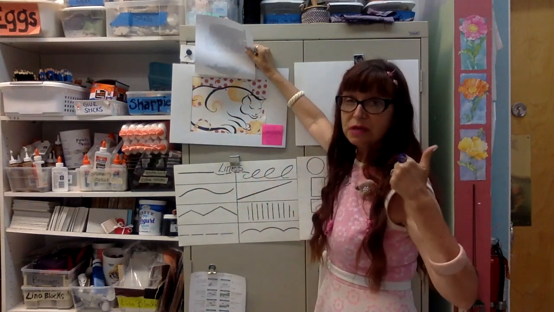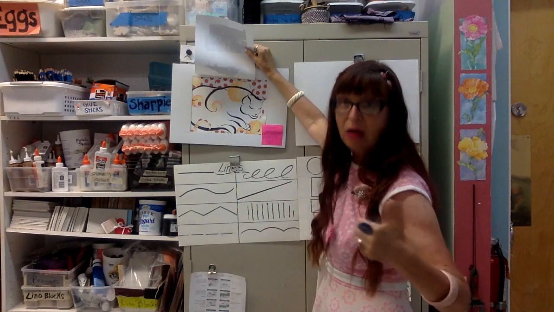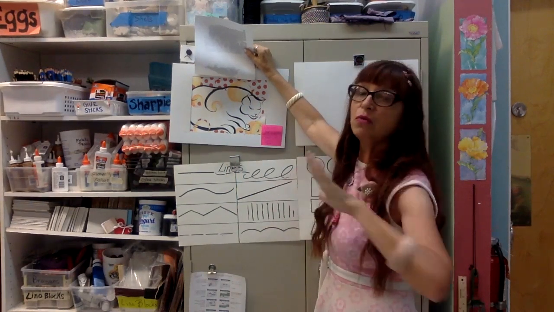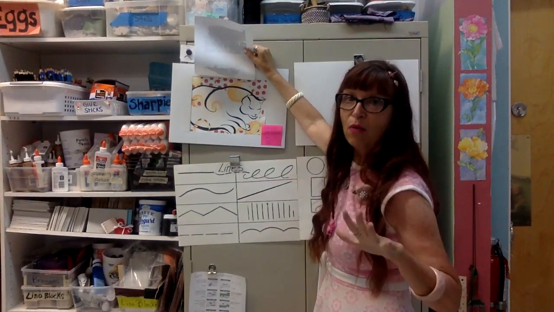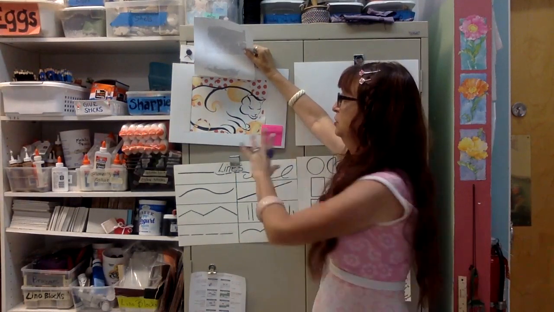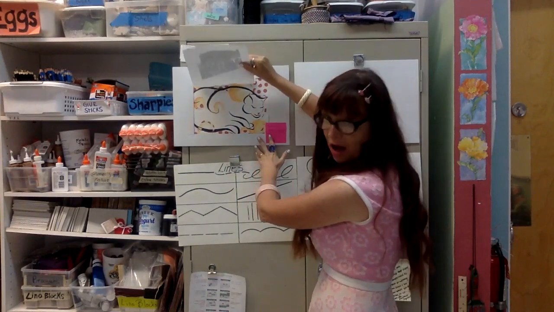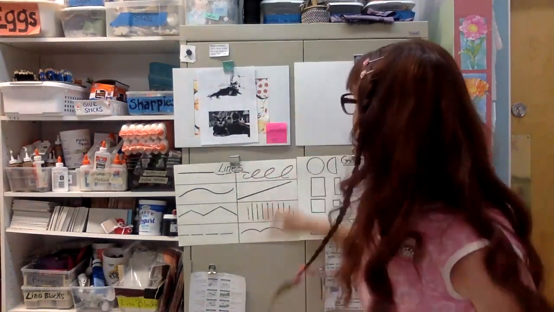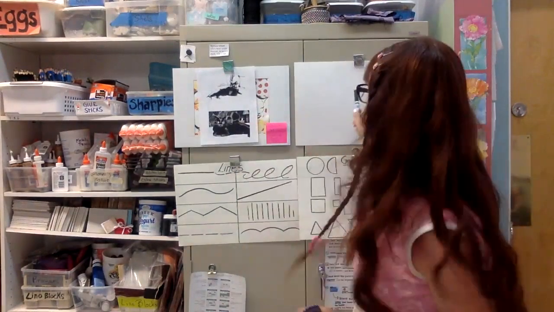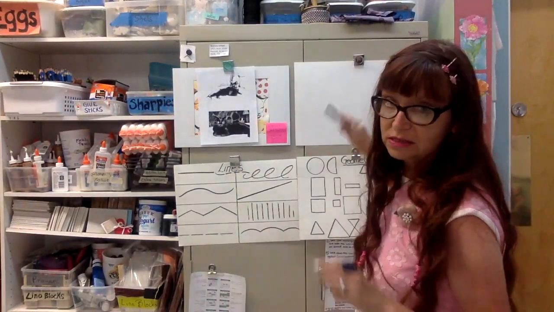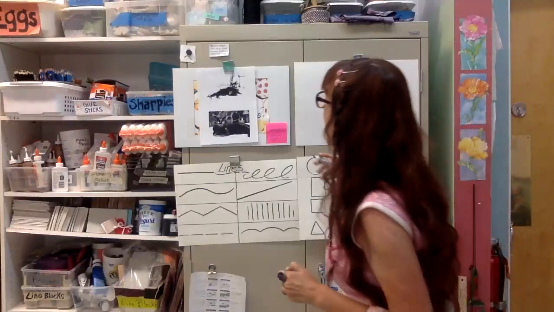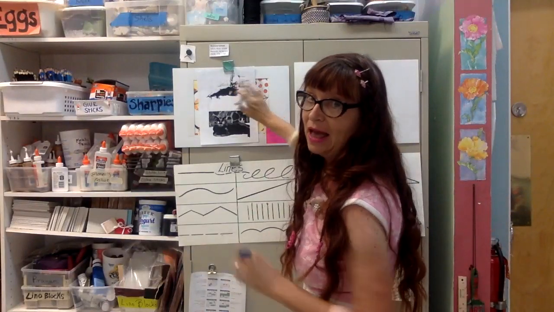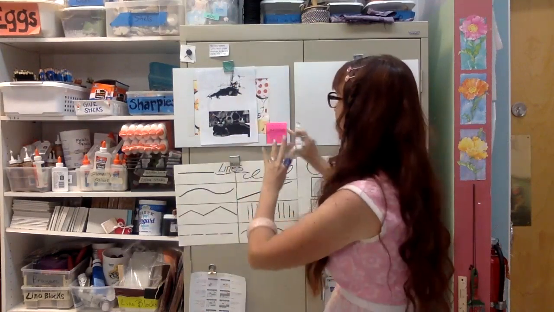You can do yours as a drawing with crayon or marker or colored pencil, whatever you have at home. Please use that to create your curvy creative cat, okay? I'm gonna start with marker instead of pencil on this one, just so you all can see what I'm doing, okay?